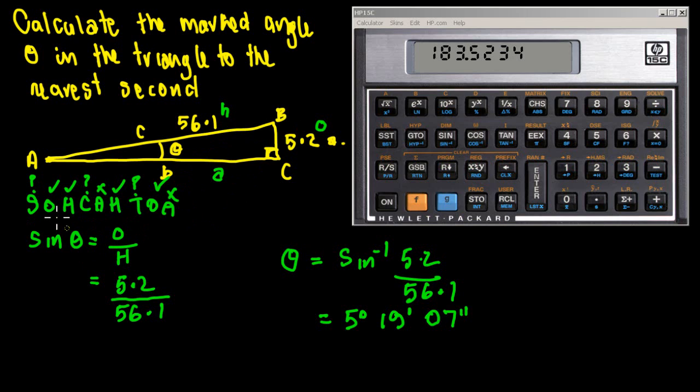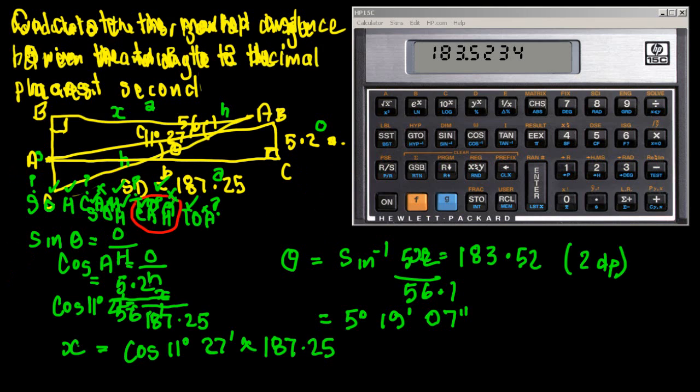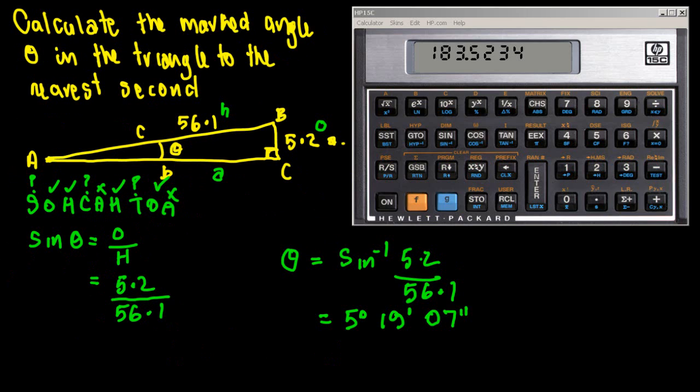We know the opposite, we know the hypotenuse, but it looks like the one we're going to have to use here is the sine ratio. Okay, so I'm just going to try and put my little red line around there. I've pushed a few wrong things, but there we go. So it's that one there. That's the one we're going to use.